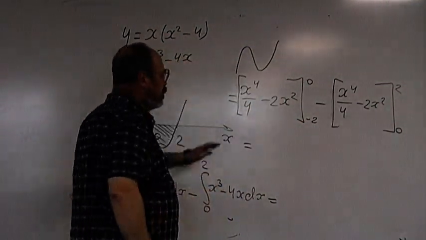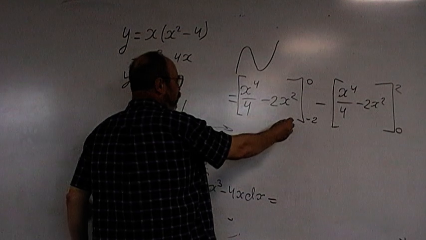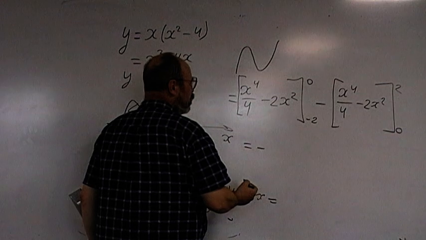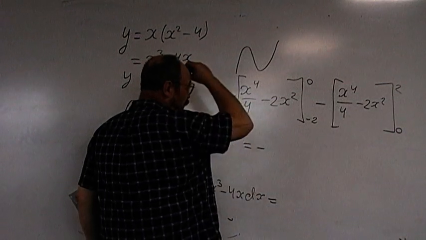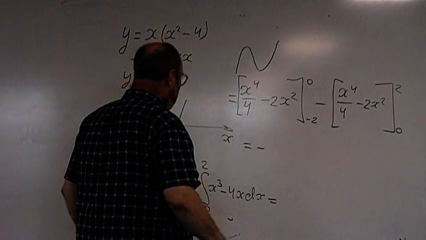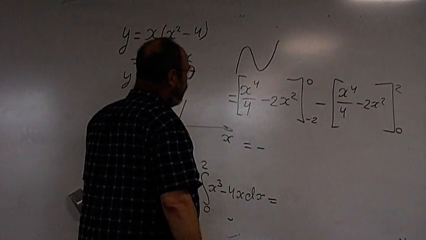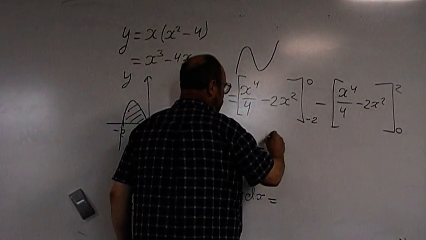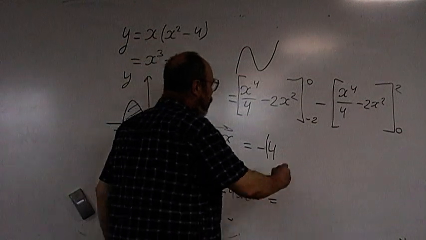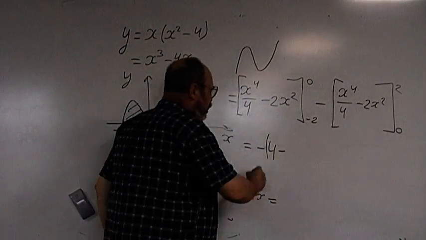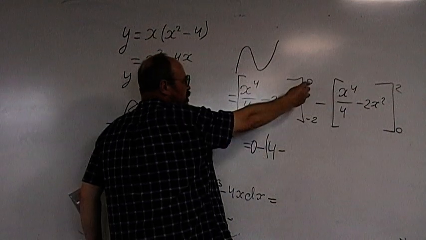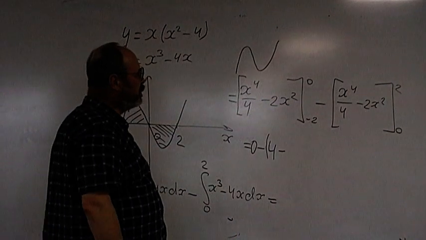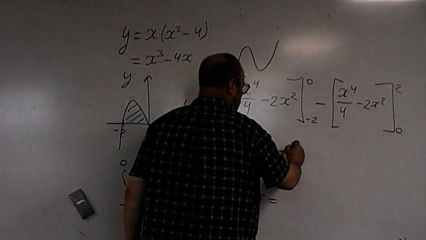Substituting 0, it's all 0. So you'll have minus, and we substitute minus 2: minus 2 to the power of 4 is 16, 16 on 4 is 4, minus 0, the value at 0 is 0, minus 4 times minus 2 squared, 4 times 2 is 8, so minus 8.